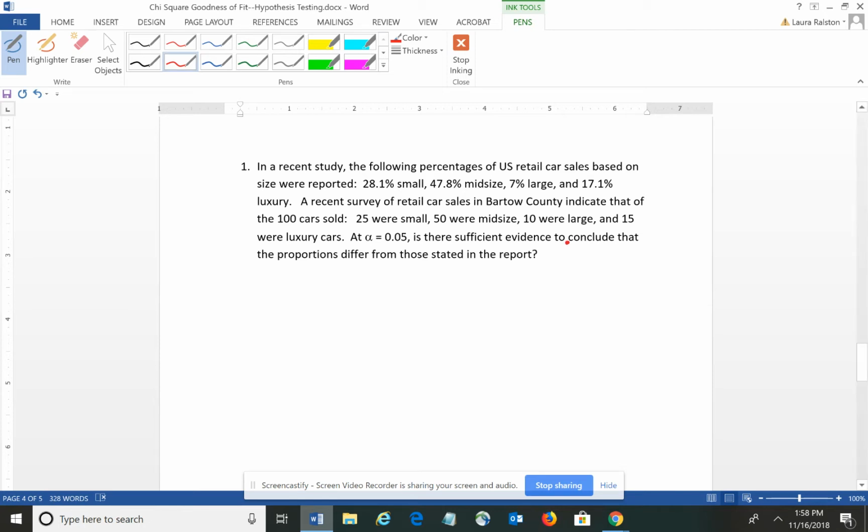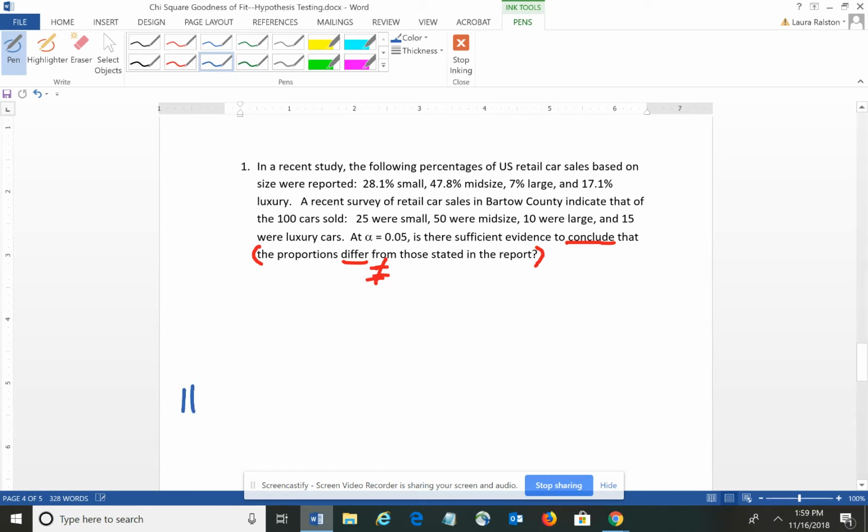Again, remember, you want to look for that phrase, conclude, believe, think, and typically after that phrase is going to be your hypothesis. In this case, the hypothesis is that the proportions differ. Differ implies not equal, which means this statement would be our alternative hypothesis.